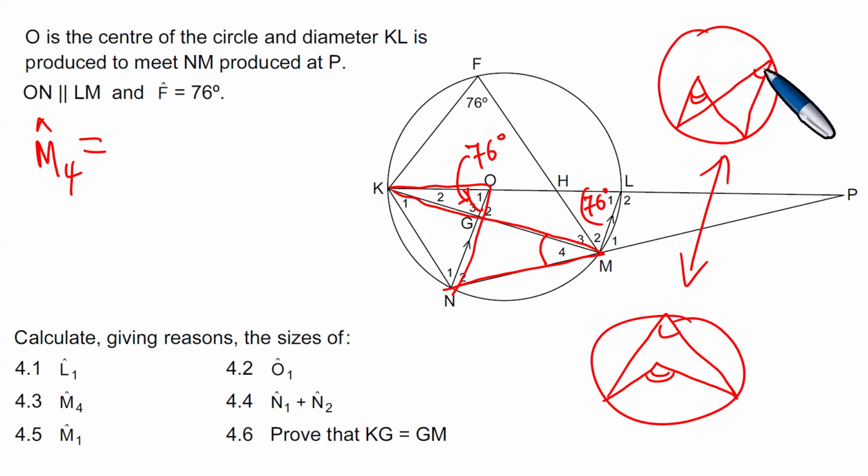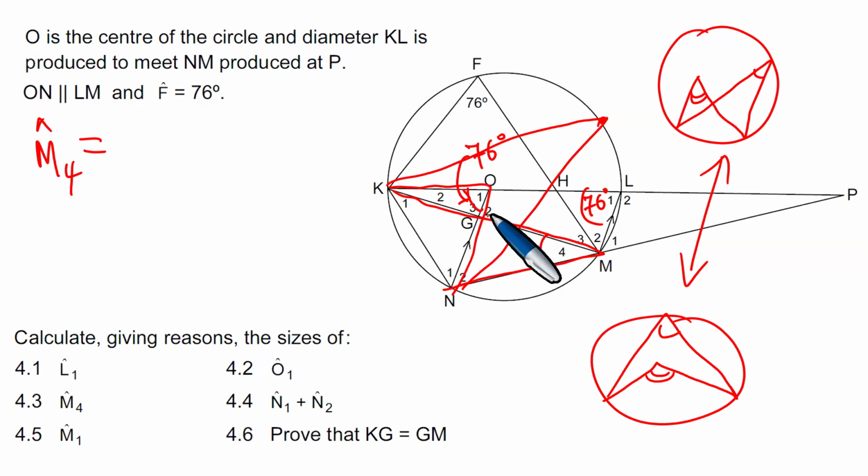If you imagine this being a rope being moved like this, then it's going to look like this. If you move this, you move it such that it stays on the boundary of the circle. But you already know that O1 is 76 degrees.